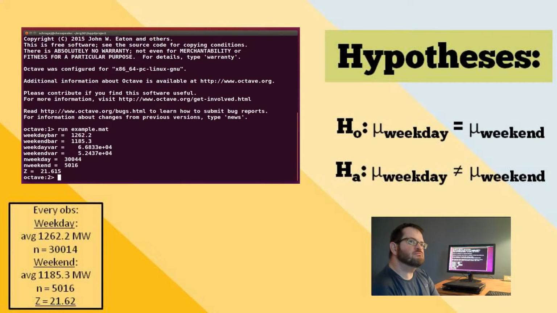If you remember, to manage our risk of a type 1 error, we're going to define a value of alpha, the probability that we're going to make a type 1 error, that we're going to reject the null hypothesis when the null hypothesis was actually true. All right, well, if you might remember, a typical value of alpha is 0.05. We accept a 5% risk of making a type 1 error.